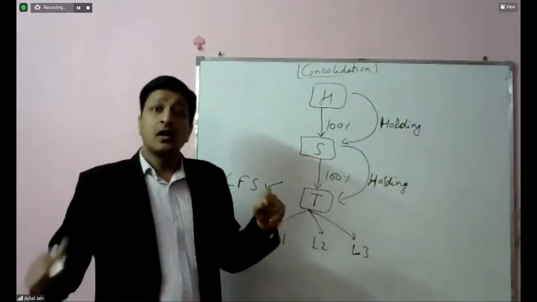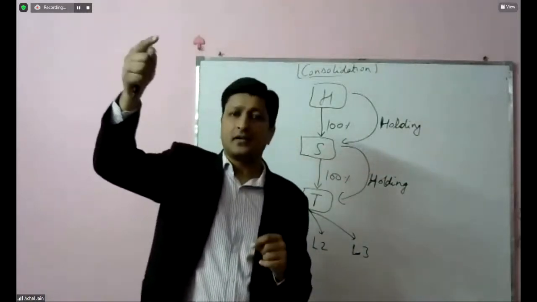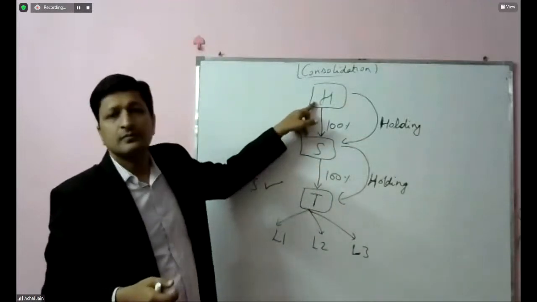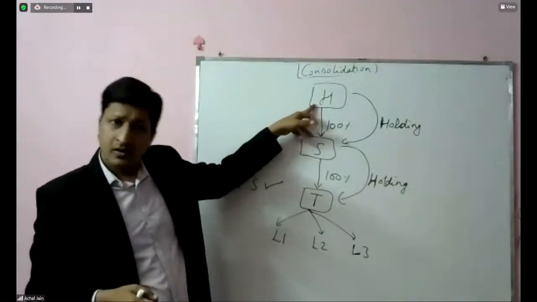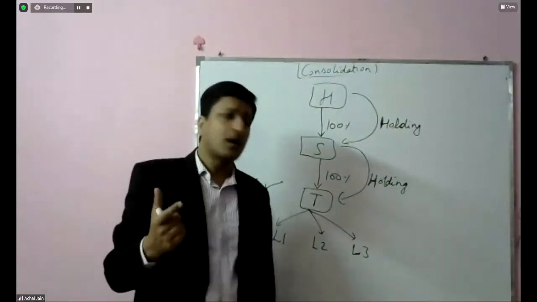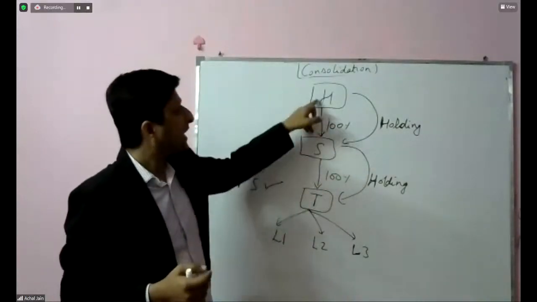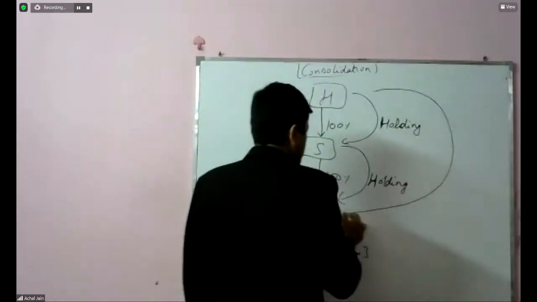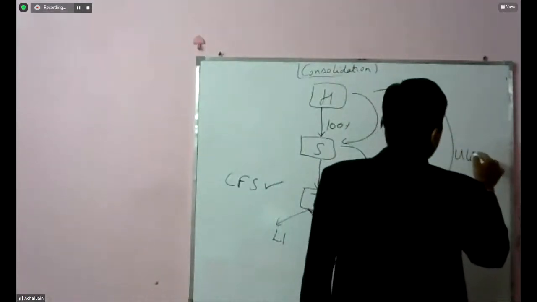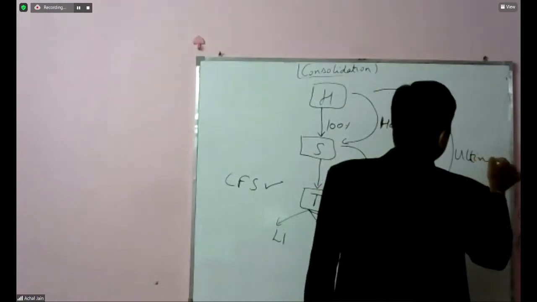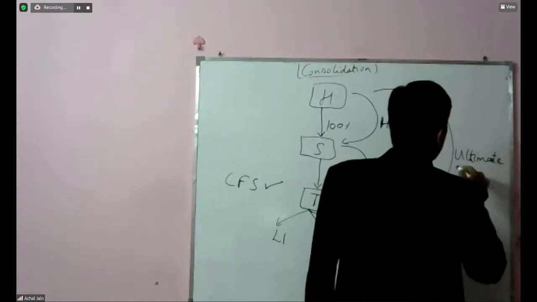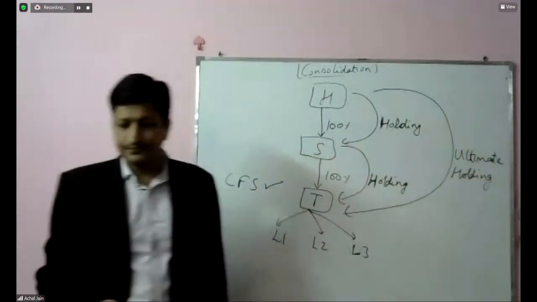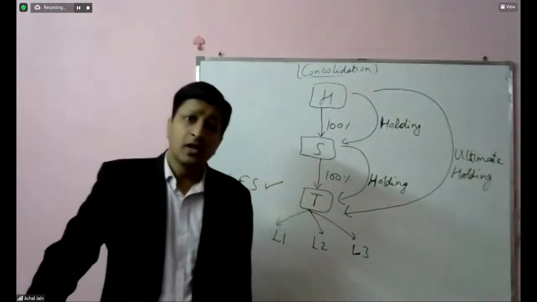S. But who's the ultimate parent? Ultimate holding company? It's H. Correct? So the ultimate holding company of T is who? H. So this is the ultimate holding company of T.